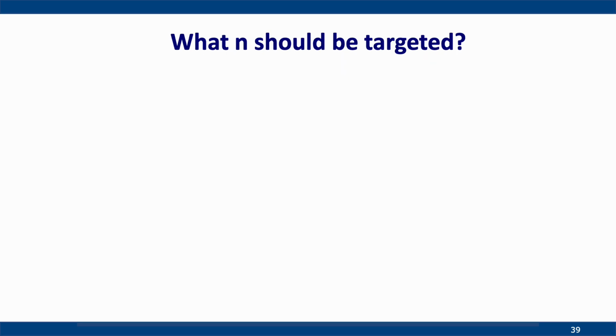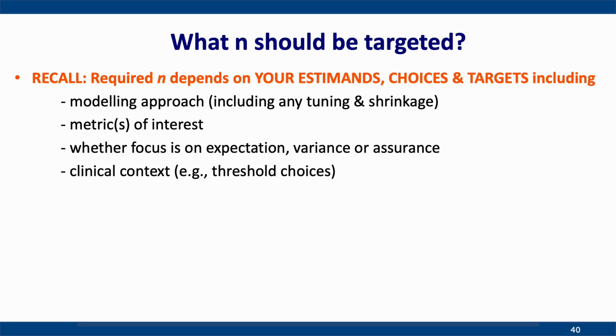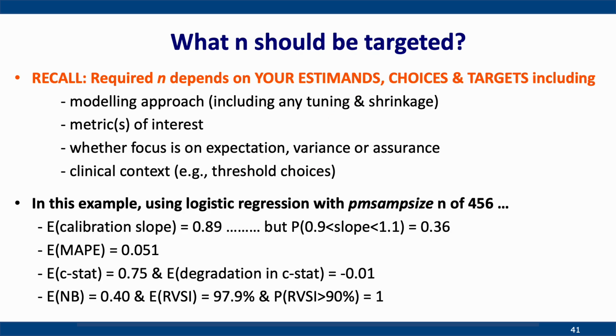So what N should be targeted? Recall that I've been talking about the fact that the sample size and its worth depend on the modelling choice, the metric that you're interested in, the thresholds, and so forth.